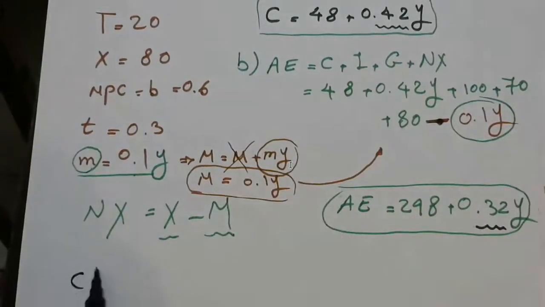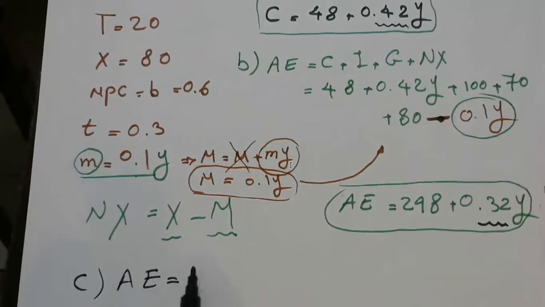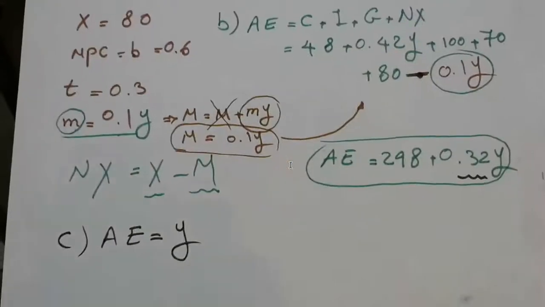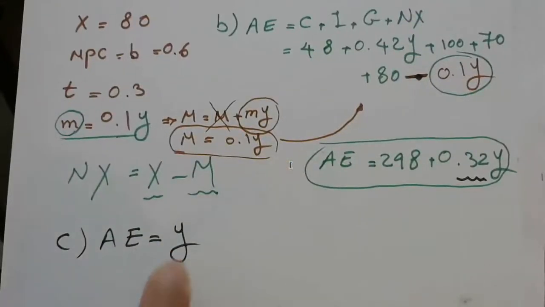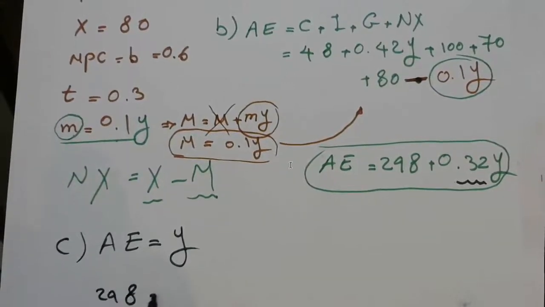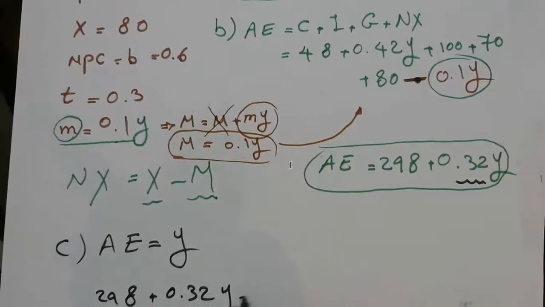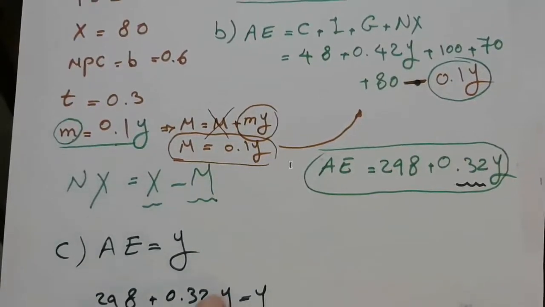Part C, as usual, asks us to calculate the equilibrium. It means demand equals supply, AE equals Y. So AE is 298 plus 0.23Y, equal to Y. How much is Y here?